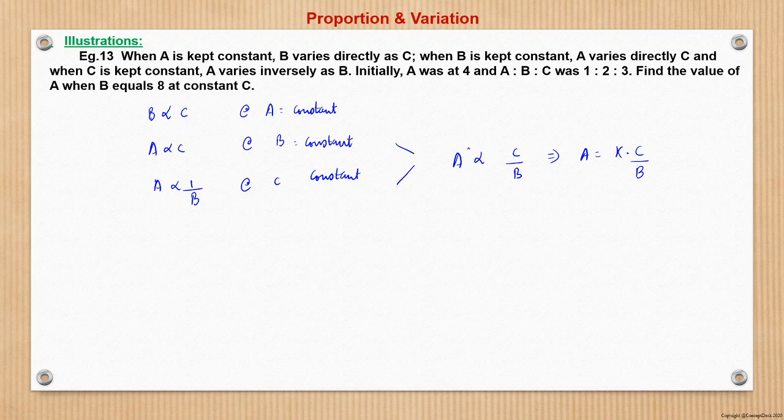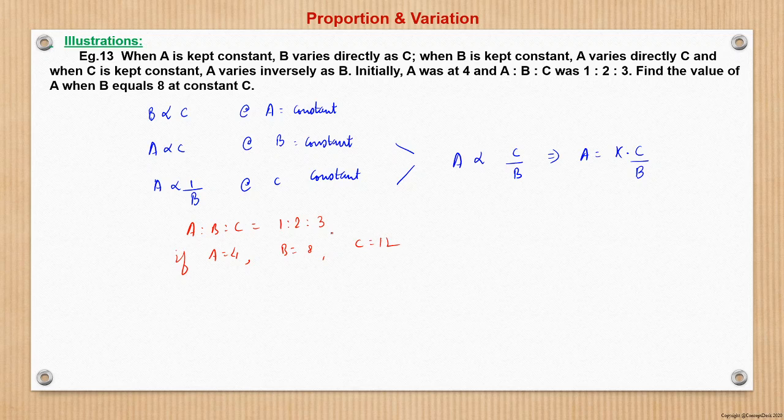Now further we have been given that a is to b is to c is equal to 1 is to 2 is to 3, and initially a was 4. So if a is 4, b will be 8 and c will be 12.